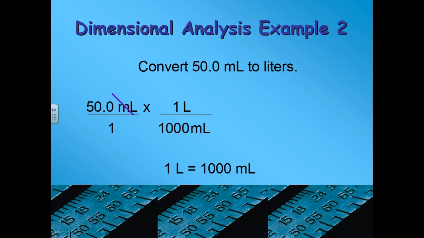The milliliters cancel, and this time when I multiply, I get 50 times 1, which will just be 50, and 1 times 1,000, which will be 1,000, and then I would divide 50 by 1,000. And that should give you, I believe, on your calculator 0.05. This has 3 sig figs, and I want 3 sig figs in my answer.